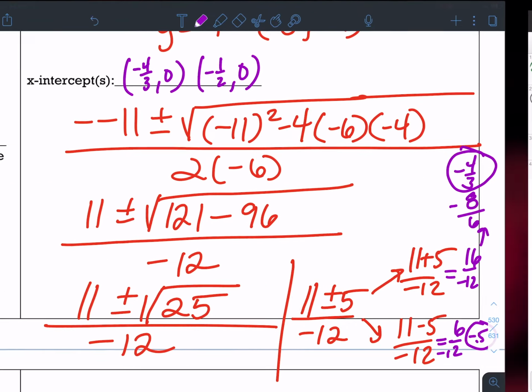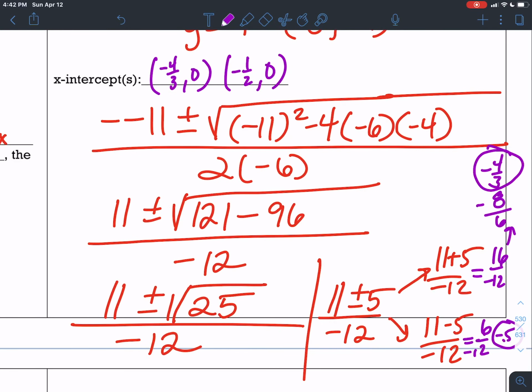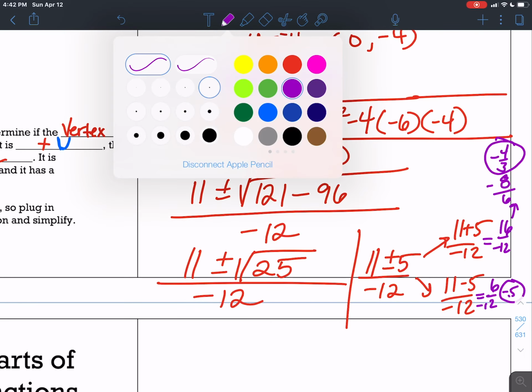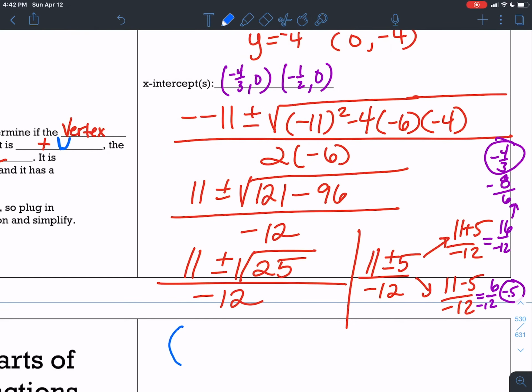Now, as a bonus, because I use this, I should be able to look at my numbers here and figure out what the factors should have come out to. It looks like if I work backwards, opposite divided by coefficient. Opposite divided by coefficient.